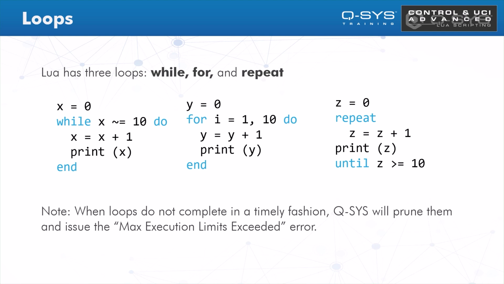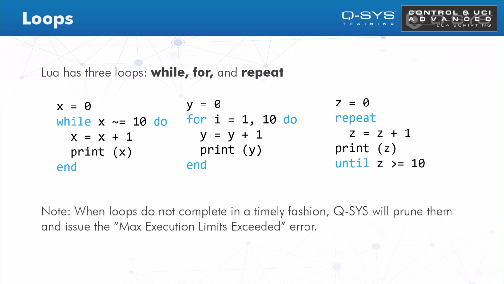If we start with the while loop, you'll see that the way it works is it evaluates a condition to decide if it should execute the loop. So x equals 0, while x does not equal 10, do the following: increment and print. So we start at 0, 0 does not equal 10, that is true, do the loop, right?